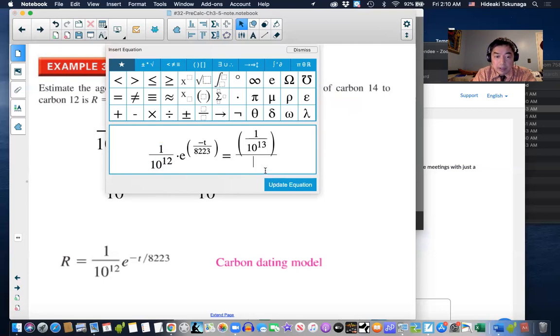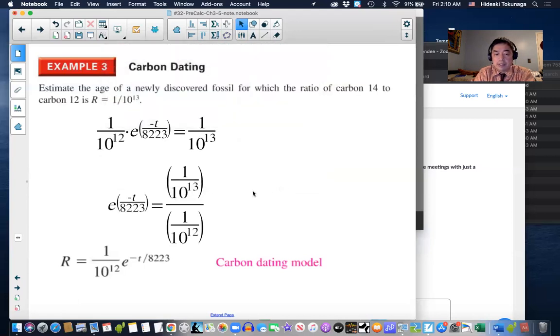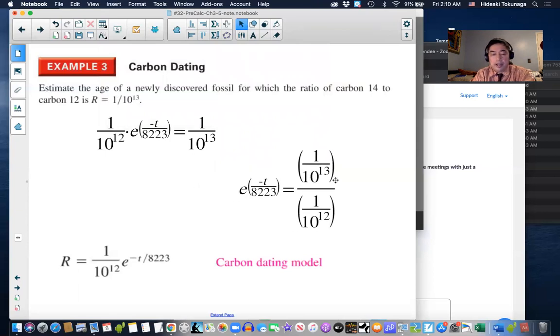Oh yeah. Okay, so create the parenthesis, fraction 1/10 to the 12th power, and get rid of this. I hope they accept this. Good, they accept this. All right, now we have to do the equation here first.